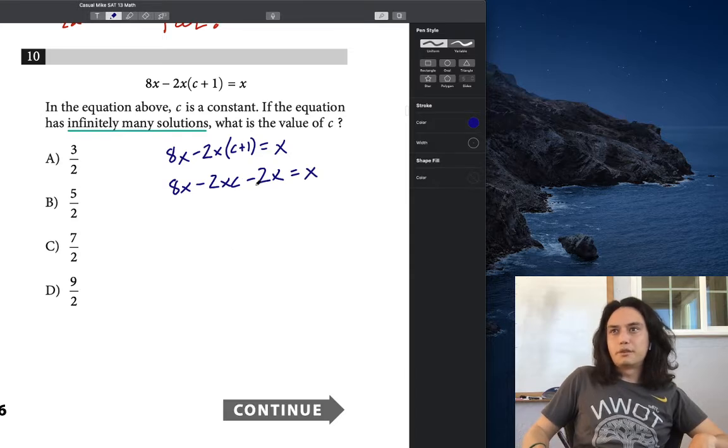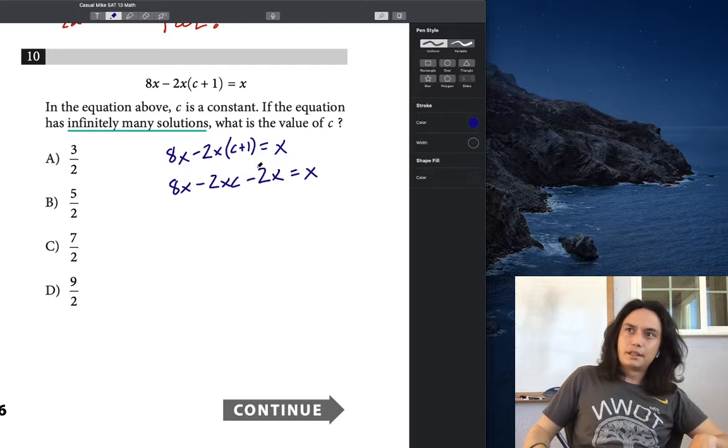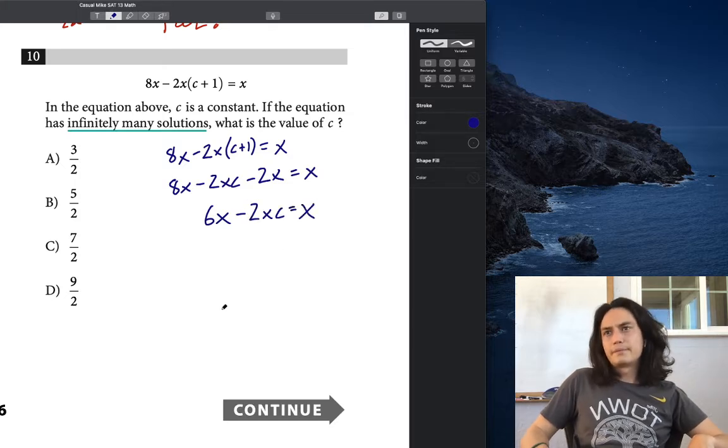And then we're just going to simplify all of this stuff and try and solve for c. Getting this right? Negative 2xc minus 2x equals x. So we're going to combine like terms. 8x minus 2x, this is 6x minus 2xc equals x.